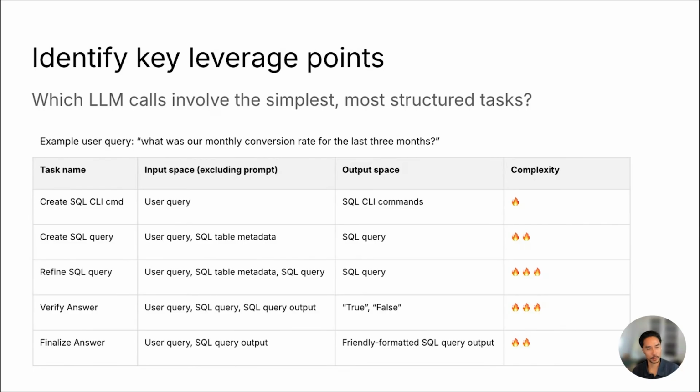You hypothesize about what the complexity level of this particular task is, and you might grade it in terms of fire emojis. So you can see here, maybe it's best to start with the first node, right? So swap the LLM for an SLM right at this point, and then slowly work your way down.